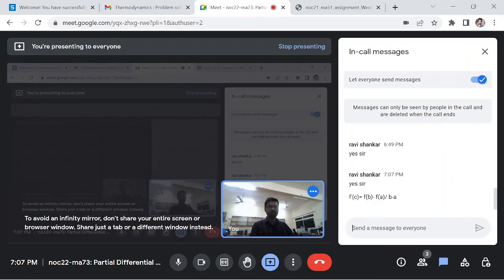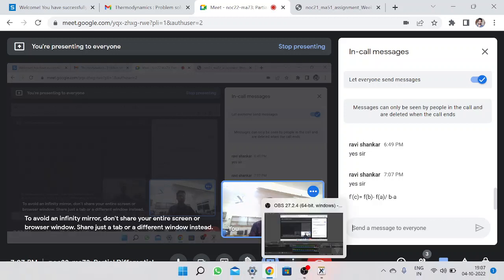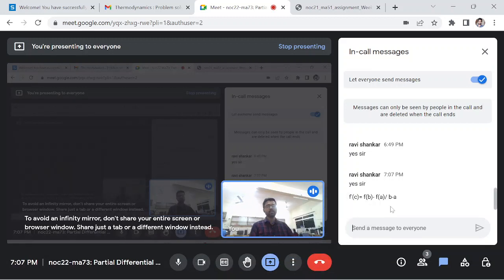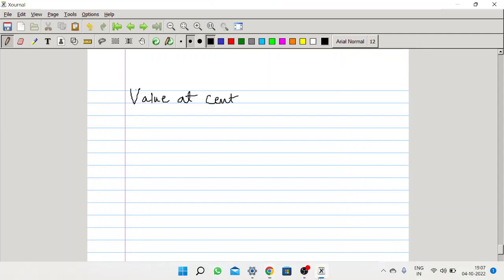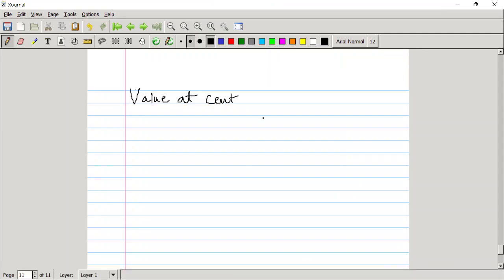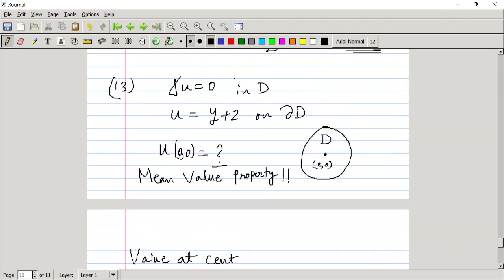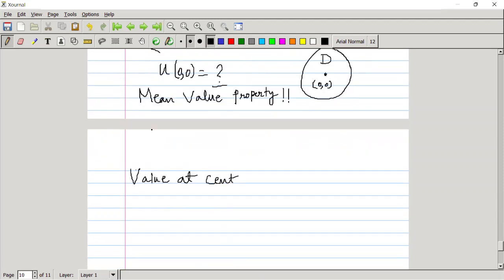That is for real analysis, and you are now doing partial differential equations. So this is the mean value property for the Laplace equation, Laplacian U is 0. I am writing: the mean value property is that the value at the center is equal to the average of the values on the boundary.